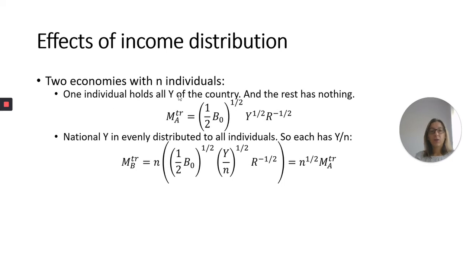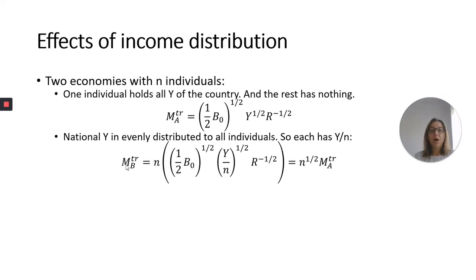Though, as in the first country there's only one person who gets income and he gets everything, the entire transactions demand for money in that country is his personal transactions demand for money. And so that's why we see that transactions demand for money in the country is very similar to the previous equilibrium levels.